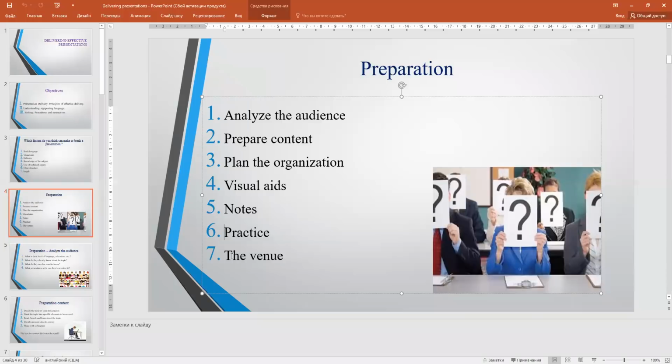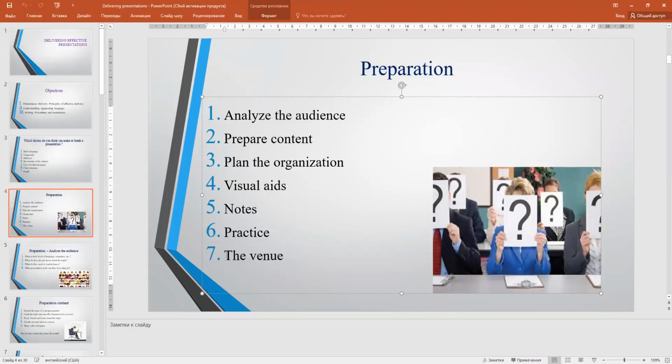And finally, you can see the venue. Venue means the place of the presentation process. In the venue, you should present your contents in front of the audience.